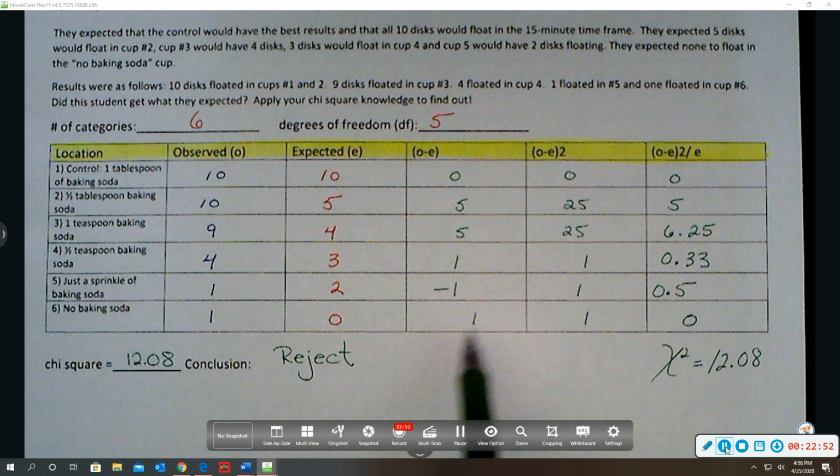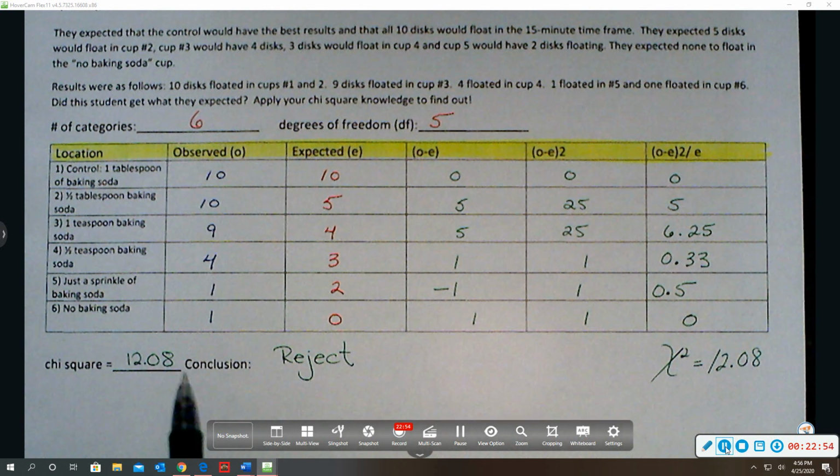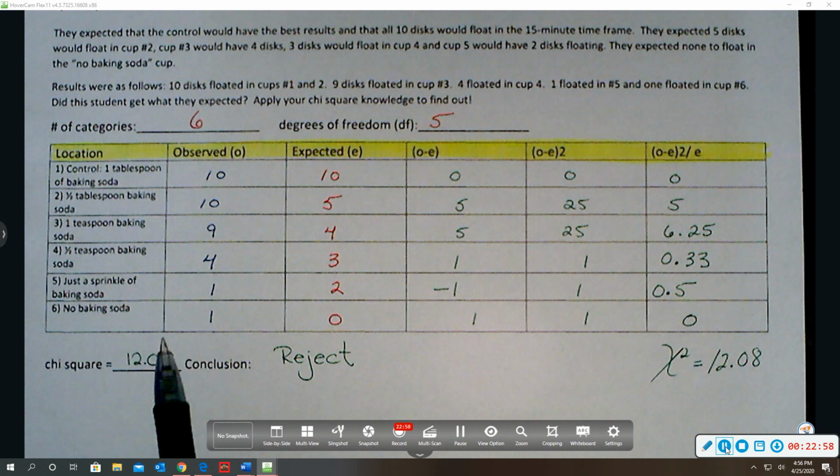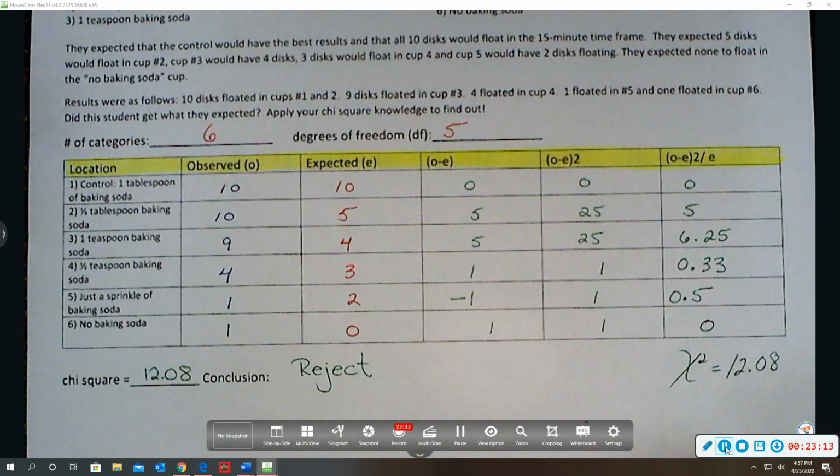There's something else going on here that we would need further research to figure out what it is. Maybe baking soda and carbon dioxide really do have a bigger impact than we think. Or maybe there's something wrong with the water, who knows? Or the amount of light, or some kind of variable is messing this up.